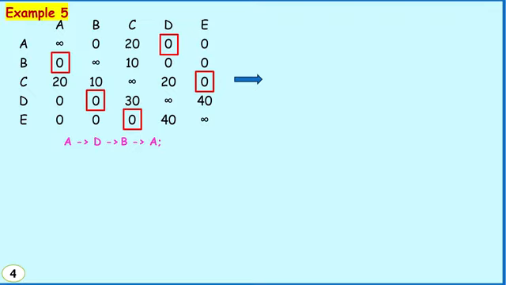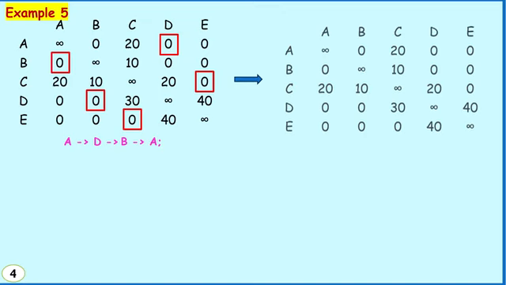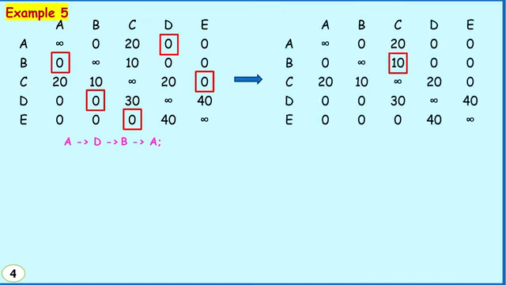You allocate that 10 first. Then the remaining allocations we can do with zeros, and if you do the zeros at the other places, then we will get the allocation like this. Now the route is starting from A to D, D to B, B to C, C to E, and coming back to A.